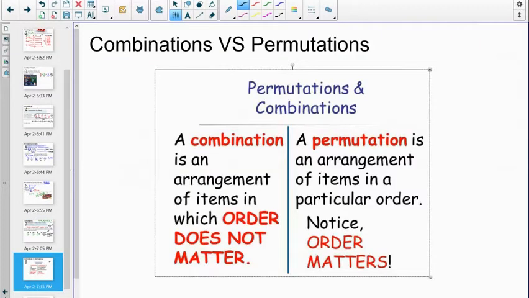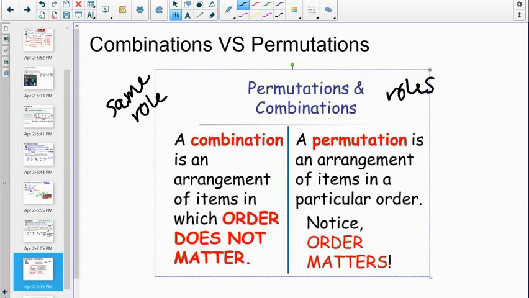Now how do you pick between the two? Remember, combinations are if they have the same ranking or position, like the same role. And permutations are if they have different roles, like president, VP, treasurer, or if one was coming in first, second, or third.